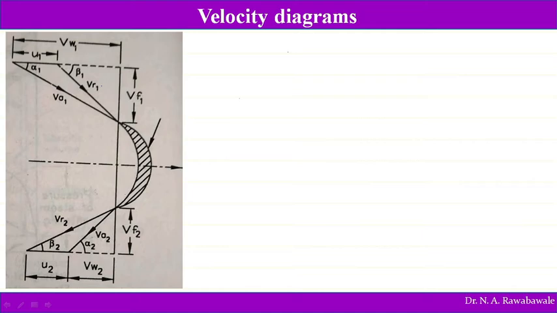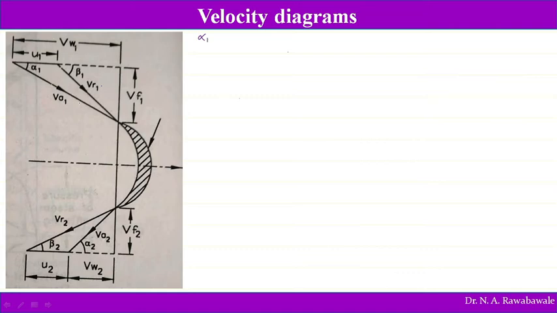Now coming to the velocity diagram, what this velocity diagram is. This velocity diagram is nothing but the diagram which indicates the velocity of steam and its components. So now let us see here alpha 1. This alpha 1 is the angle, so VA1.